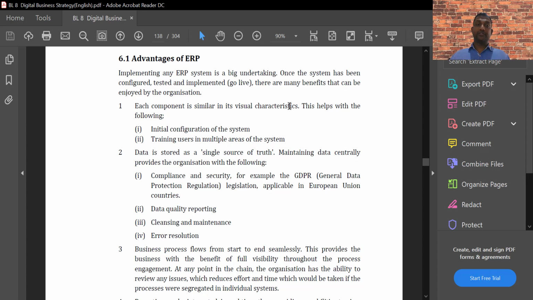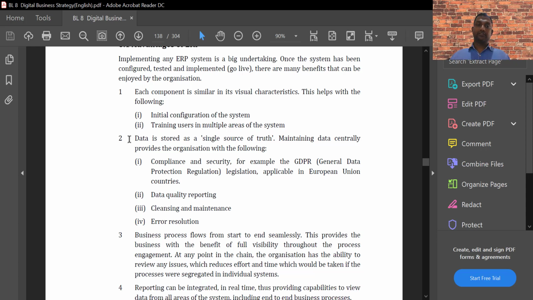So this helps with the initial configuration of the system and training users in multiple areas of the system, because the look and feel of the system is similar. Visual characteristics are similar, so it becomes easy to configure it and to train the users.